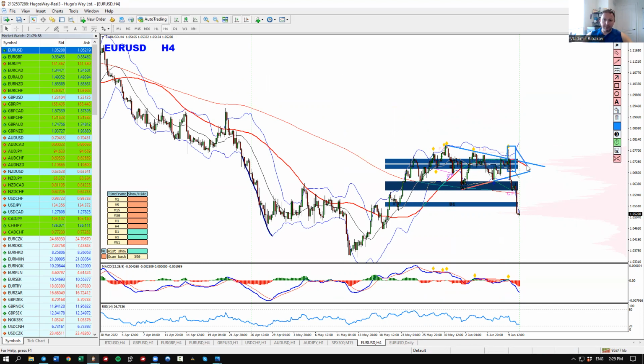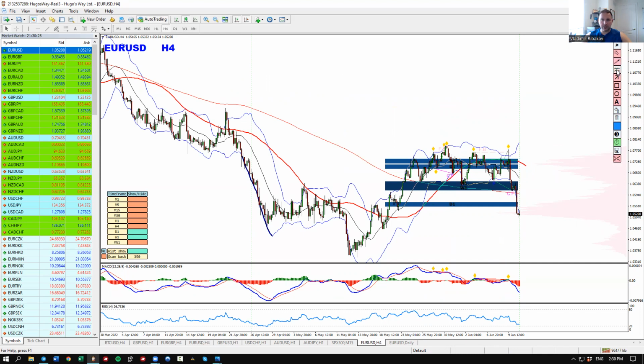And then after that, buying the pullback should be a great idea. Note how this never happened. After the attempt here, this turned out to be a fake attempt because the market never managed to hold above the range. And this is a classical lesson of how critical patience is. Okay, so pay attention to that.